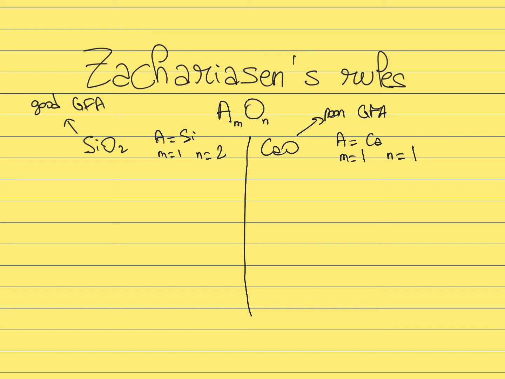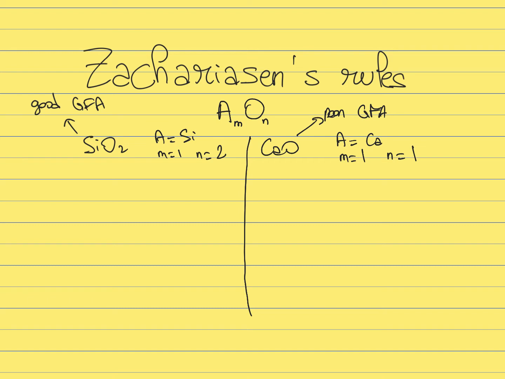It would be very hard, if not impossible, to form a calcium oxide glass. So the question is, what's distinguishing those two systems? They are both oxides. They are both made of a cation combined with oxygen. But in one case, silica, it's going to be super easy to form a glass, while calcium oxide, it's going to be almost impossible. What is the key difference?